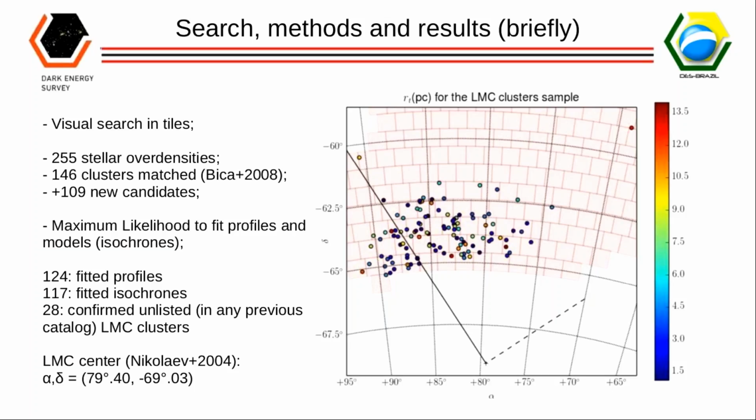In the end of this work, we'll have 28 confirmed and unknown stellar clusters, unlisted in any previous catalogs. The figure shows the distribution for the sample of clusters that we have found.